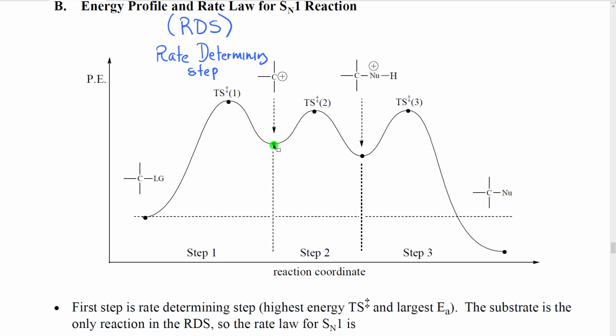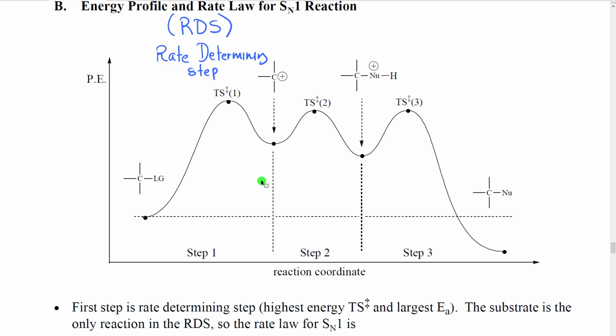Then we would see that as we form a bond to that carbocation, the potential energy should go down, and then in the case where we have a 3rd reaction step, because we are making that intermediate neutral after having being positively charged, the potential energy goes down again.